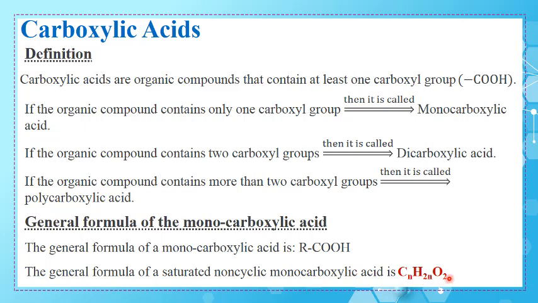So this is the first organic compound that has two oxygen atoms in its general formula. As we said, all carboxylic acids we will deal with will be saturated and non-cyclic. So in exercises, you have the right to use this general formula directly instead of RCOOH.